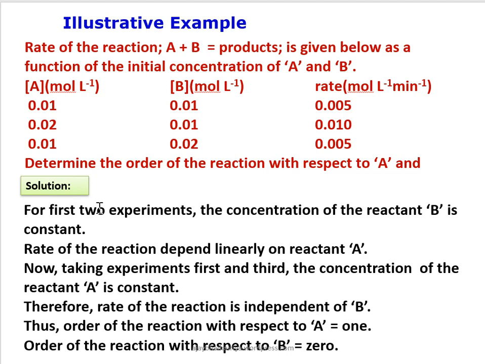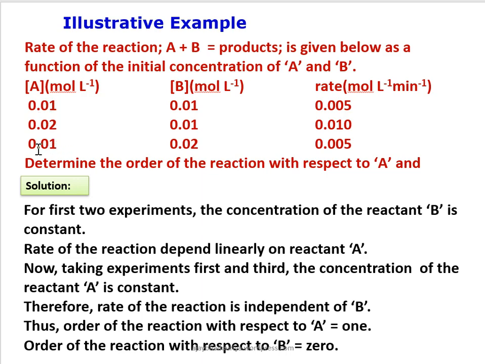Solutions for the first two experiments. The concentration of B is constant. Okay, 0.01, 0.01, both having the same concentration. Rate of reaction depends linearly on reactant A. Now taking experiments first and third. When you take the first and third experiments, in these two experiments A has the same concentration.